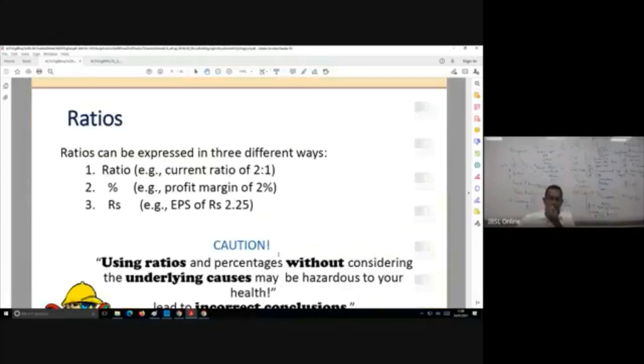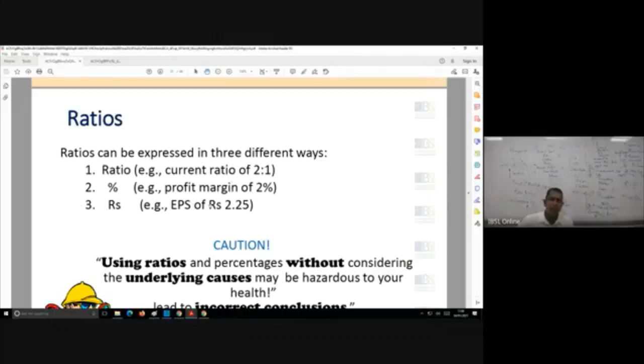When you talk about the ratio analysis, we can represent the ratios in 3 ways. You can write the ratio as 1:2, for each rupee, 2 rupees of the other item. Or you can have it as a percentage, or you can have a rupee ratio, which is normally used for the market ratio. This is the more common, day-to-day use one.